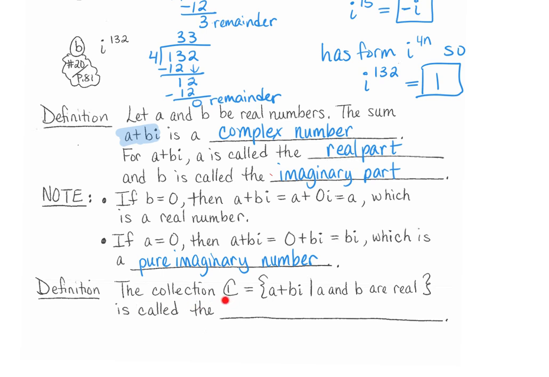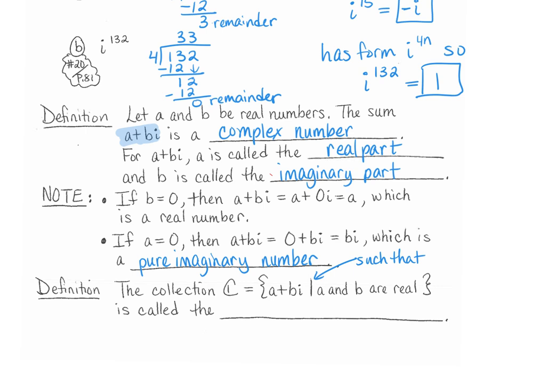The collection, this is like a bold-faced C on paper. We talked about set notation before, so let me read it again. The collection C equals the set of all complex numbers a plus bi. Remember what the bar means? Not absolute value. In set notation, this means such that. a and b are real.